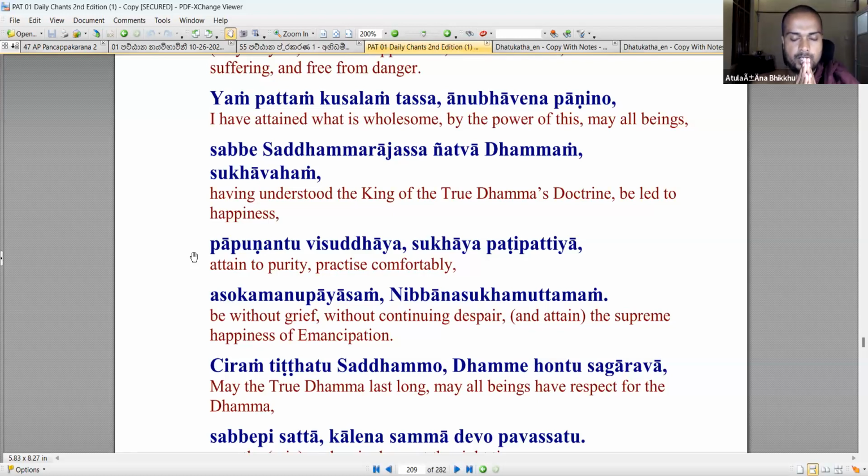So with this wish, we'll have that wish from this kusala. May this kusala karma be a supportive factor for us to attain Nibbana. May this kusala karma be a supportive factor for our teachers, our Dhamma friends to attain Nibbana. May this kusala karma be a supportive factor for all the beings in this world and in the other worlds to attain Nibbana. May all the beings be well, happy, healthy and peaceful.